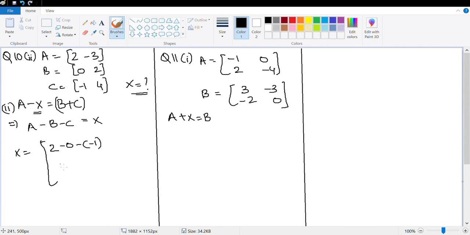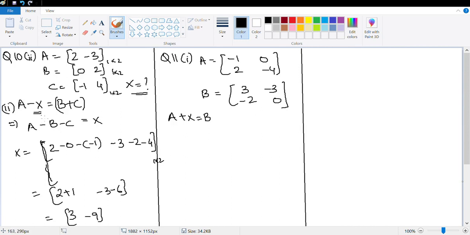Right? The next one is negative 3, minus 2, minus 4. Right? So this is a 1 by 2 matrix, my answer obviously is a 1 by 2 matrix. So 2 minus 0 plus 1, that's 2 plus 1, and this is negative 3 minus 6. This is 3 and negative 9.